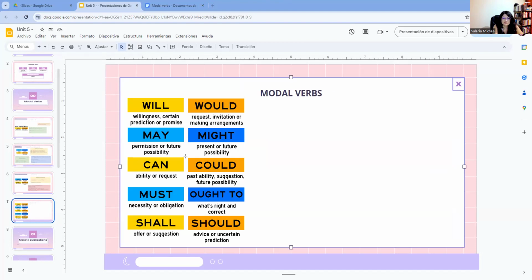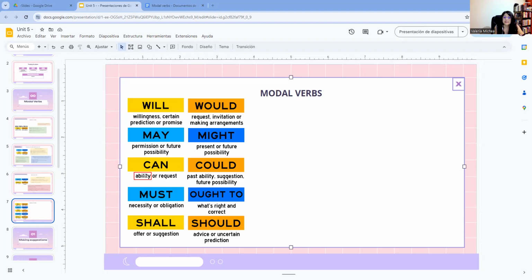So you also have ability, which is something that I'm not going to focus on because you know that you can use can for ability, like I can run very fast, or she can speak 4 languages. So that's ability. We're not mentioning ability in this case, but that doesn't mean that it doesn't exist or it's not important. No, it's not like that. It's really important.